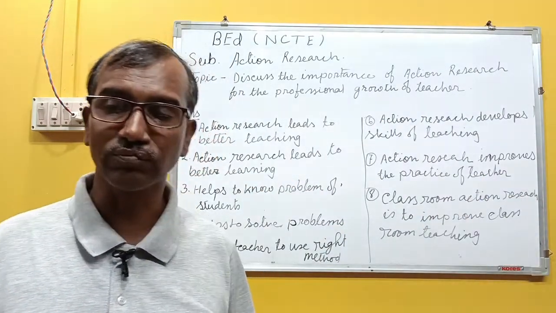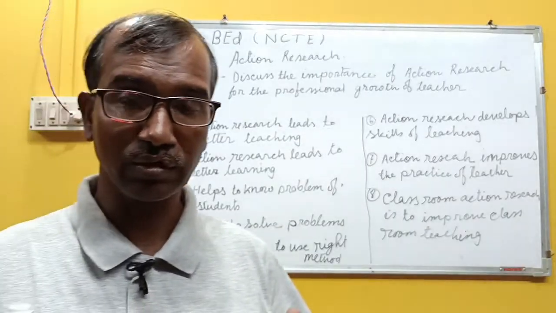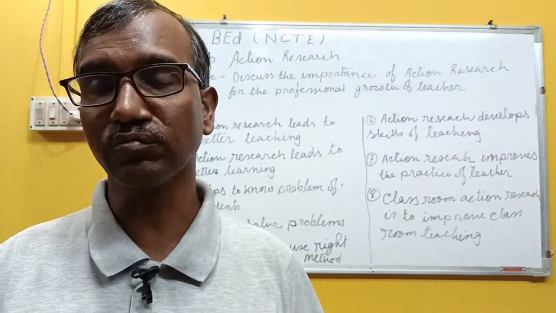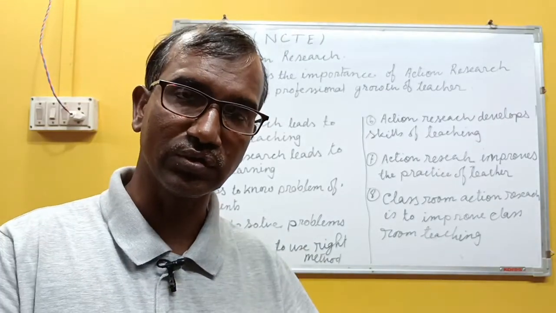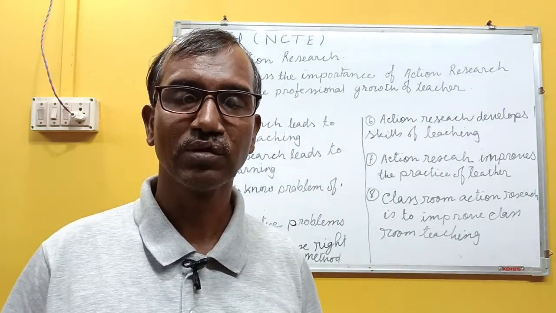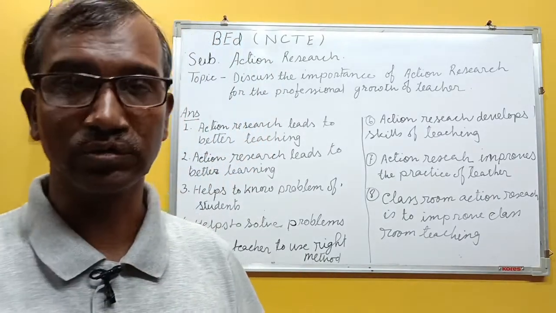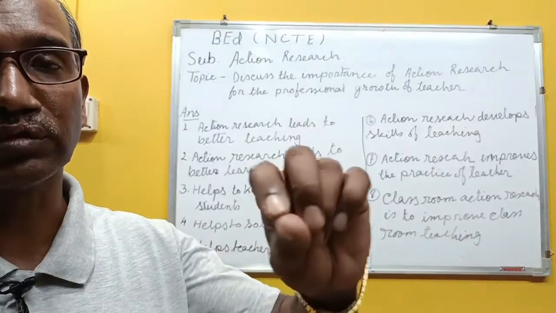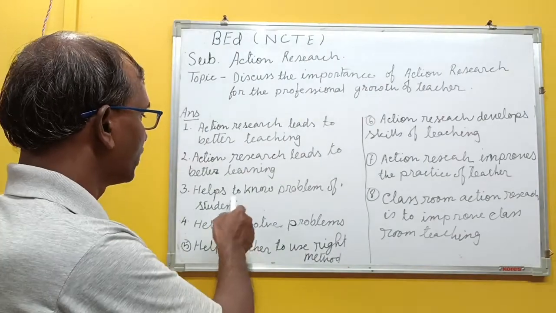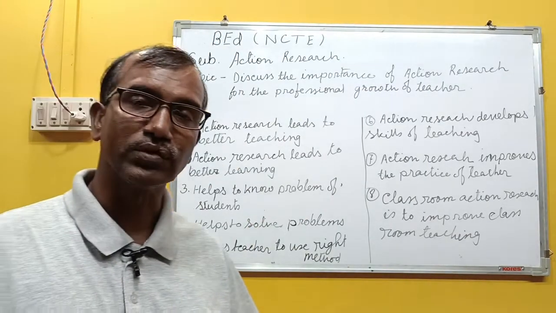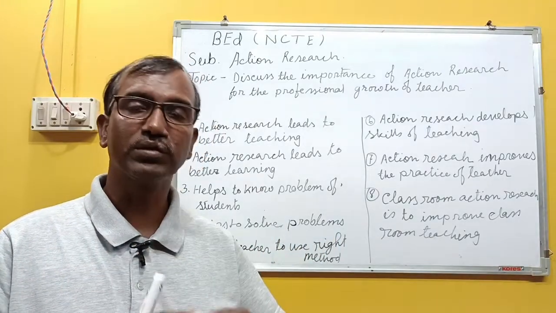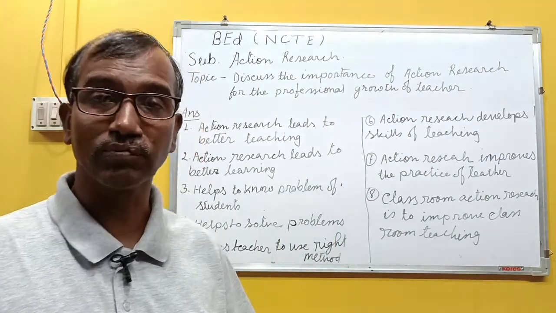Some of the students may be unable to follow the dictation of the teacher. Why is it so? What is the reason behind it? The action research may be simply on that problem. So, it helps to know the problems of students. The teacher may also know the merits and demerits, strong and weak points of a particular method.